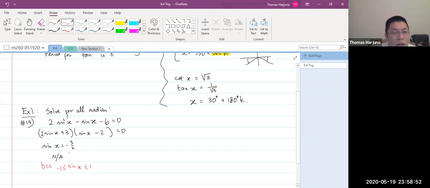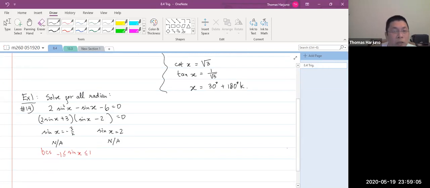This is less than -1. Likewise, for the same reason, sine x equals 2 is also not applicable. So this equation, I picked a question that has no solution. So no solution.